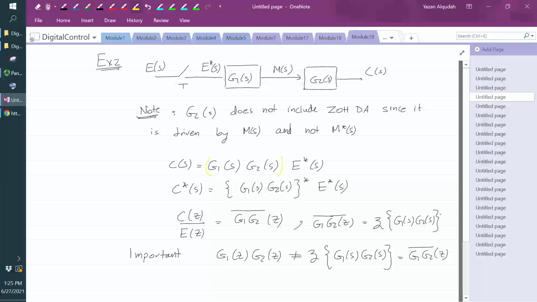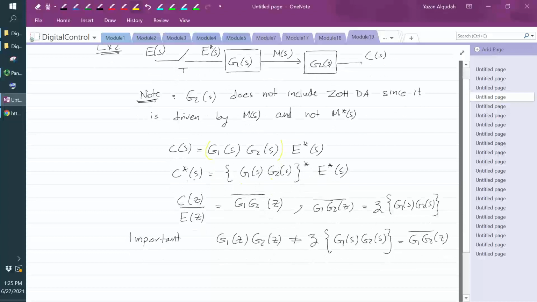And therefore, I can write C star over E star and then replace e to the power of ST with Z to get C of Z over E of Z. And that is going to equal G1 G2 with a bar above it. After the multiplication, we're taking the Z transform.